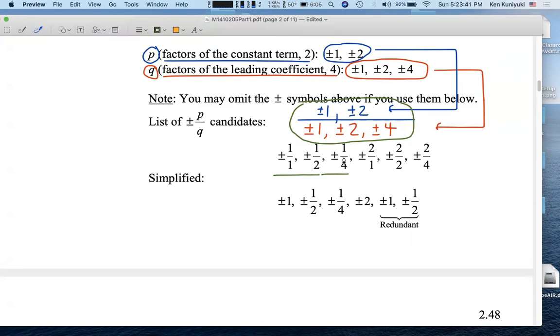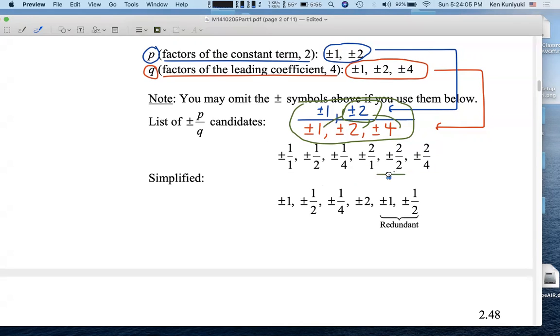And then consider the possibilities with plus or minus 2 on top. We have plus or minus 2 over plus or minus 1, plus or minus 2 over plus or minus 2, and plus or minus 2 over plus or minus 4. And then we simplify these fractions.